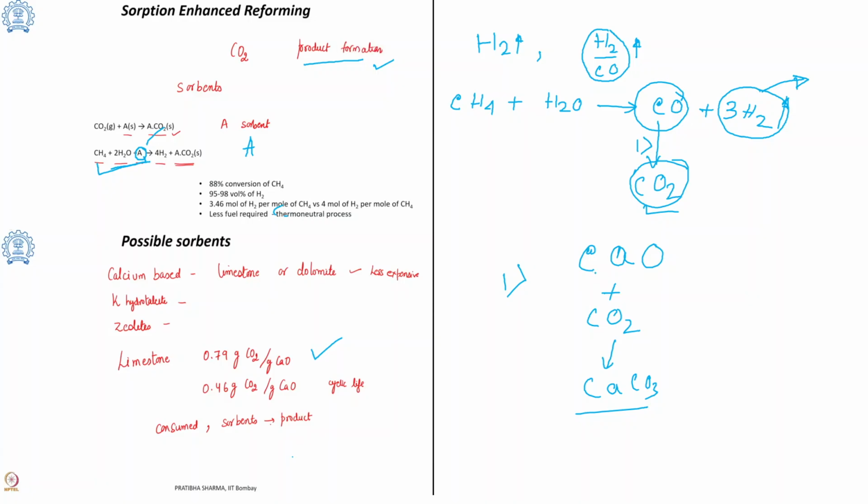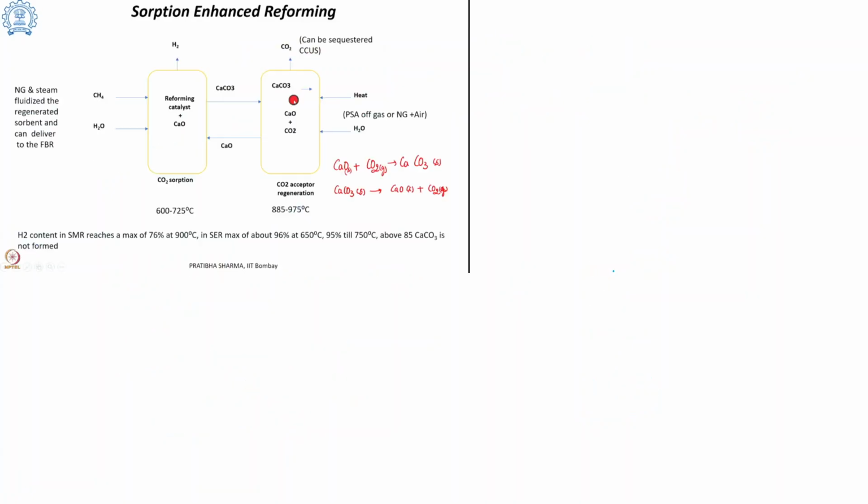Just remember the name of the adsorbent used in sorption enhanced reforming. This is CaO. How does this process occur? The process is the same as before.